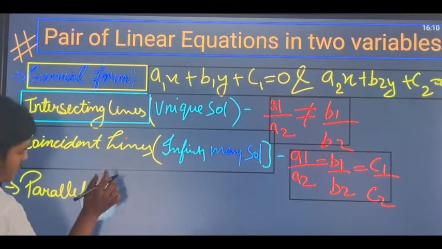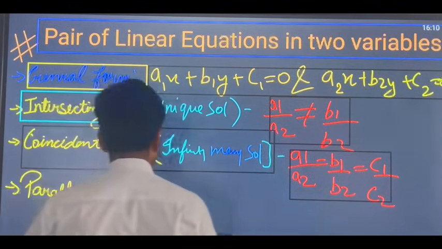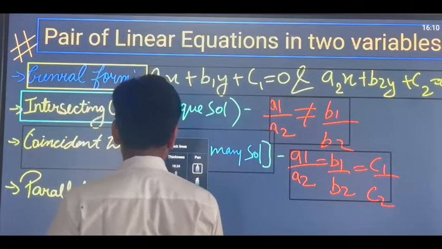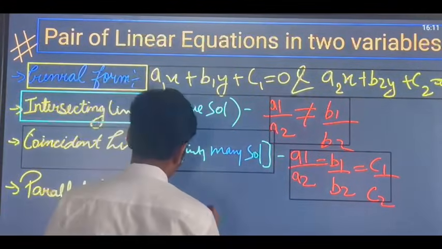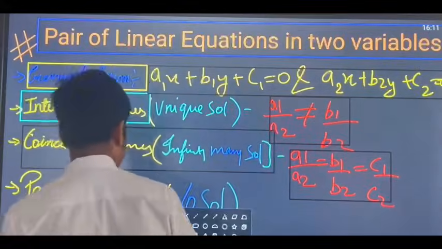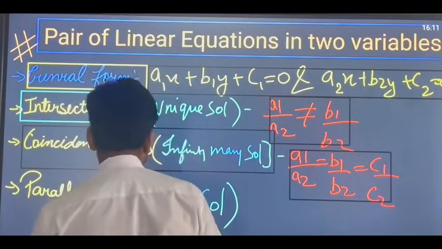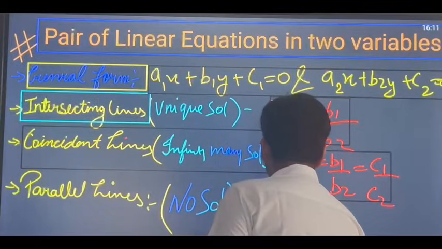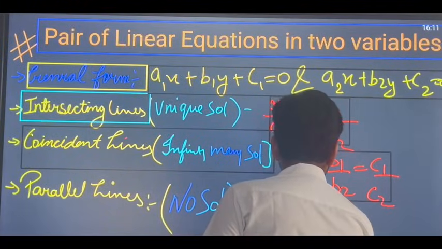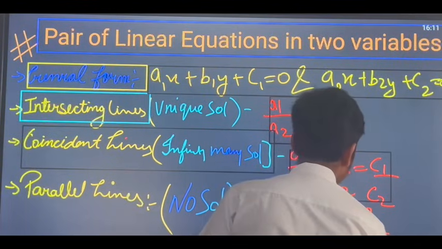Parallel lines. We can also call parallel lines no solution; they will not have any solution. We can take the formula a1 upon a2 is equal to b1 upon b2 and not equal to c1 upon c2.